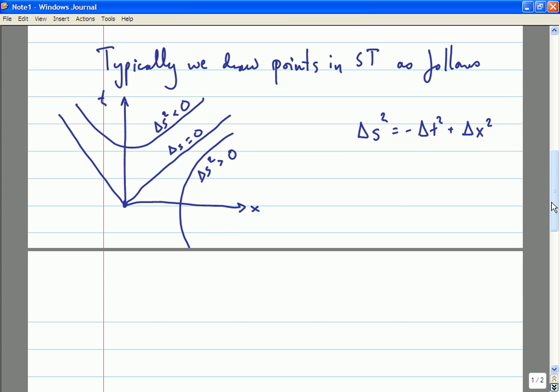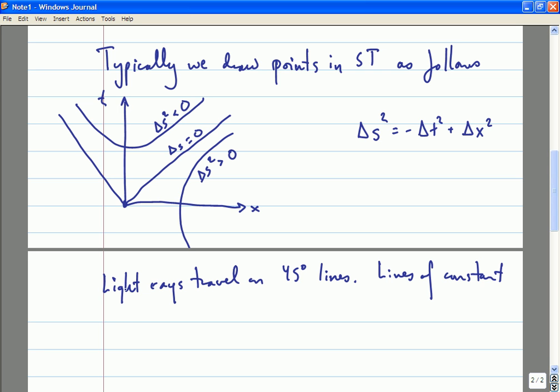So on this diagram, light rays travel on 45-degree lines because, remember, we are using units where the speed of light is equal to 1, so that means that delta x over delta t will be equal to 1, meaning that a light ray will travel on a 45-degree line, and lines of constant delta s are hyperbolas.